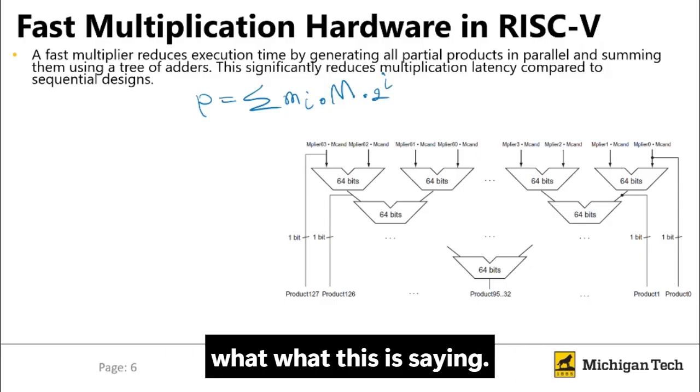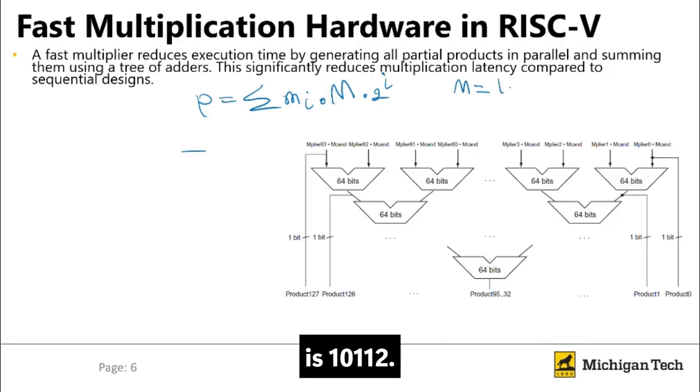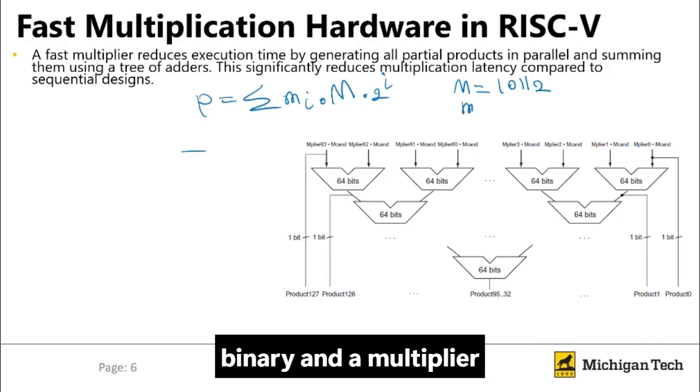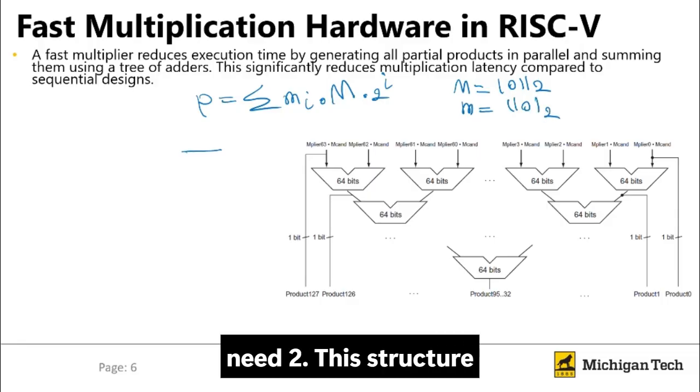Okay, let's do an example to understand what this is saying. Imagine we are multiplying M as 1011 in binary, and a multiplier 1101, again in binary.